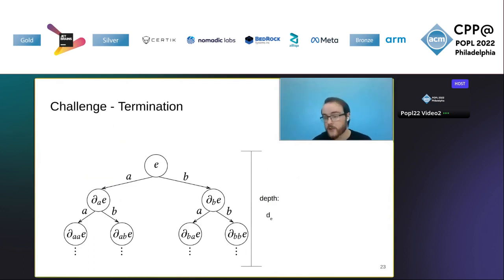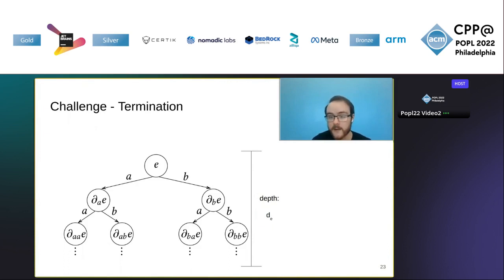So this construction is implemented in Coq, and a challenging aspect of implementing this construction is we have to prove that it terminates. Now, Brzozowski showed that if you start with a regular expression and you take derivatives, you'll only ever reach a finite number of regular expressions, up to some notion of equivalence.